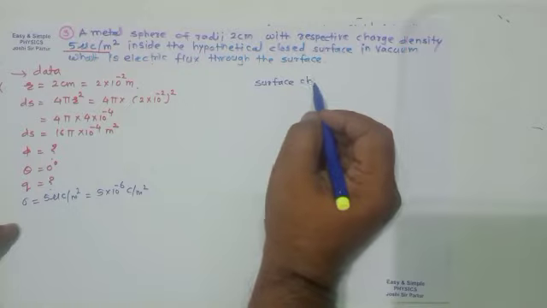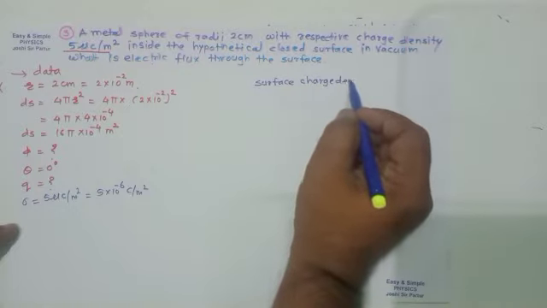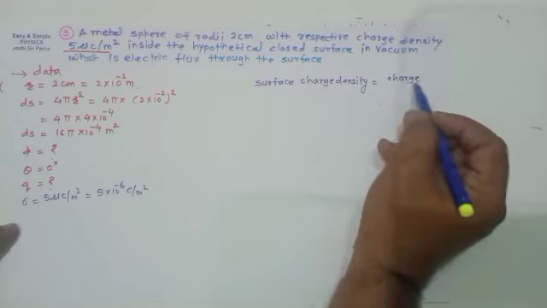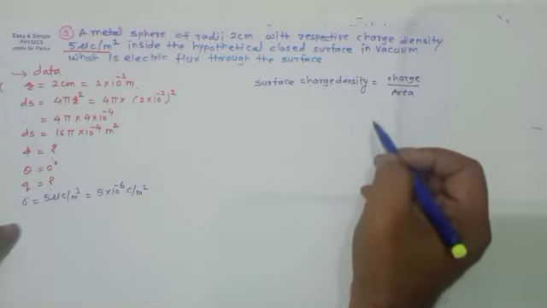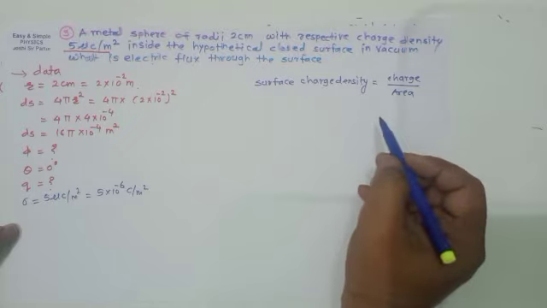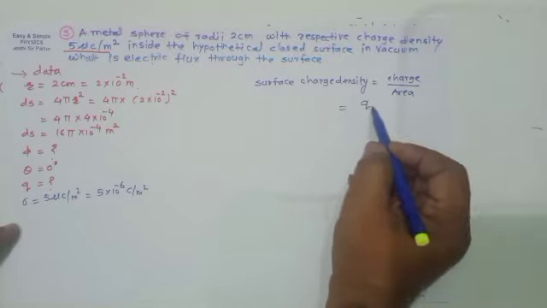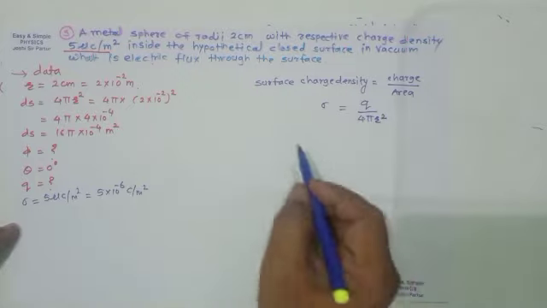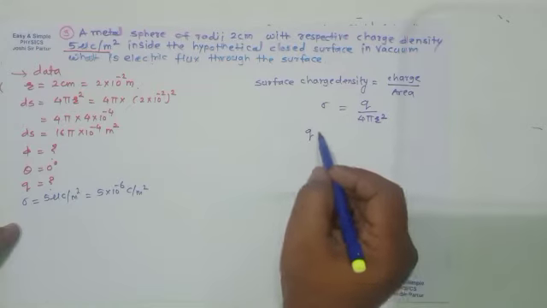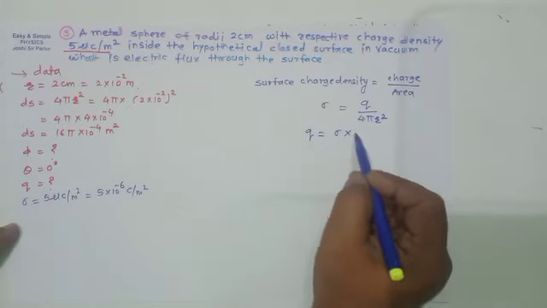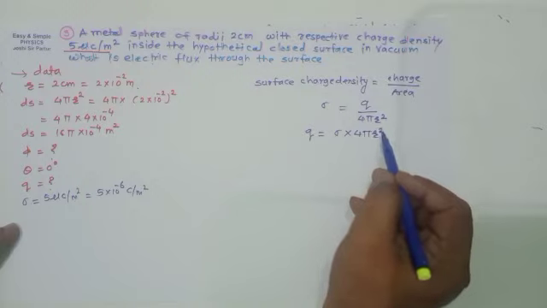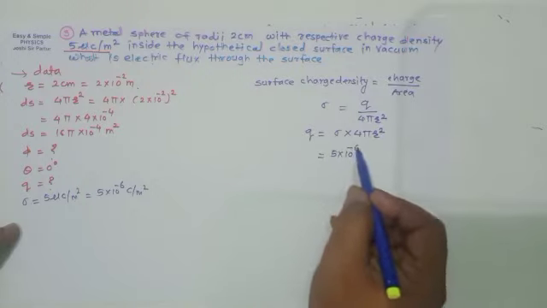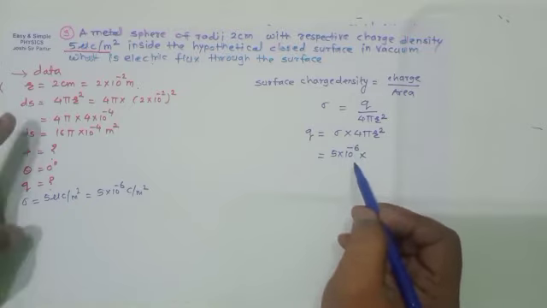Surface charge density, its formula will be charge upon area. So for a sphere, area will be 4 pi r square, so sigma equals q upon 4 pi r square. Using this formula we can find the charge. So charge is equal to sigma multiplied by 4 pi r square.